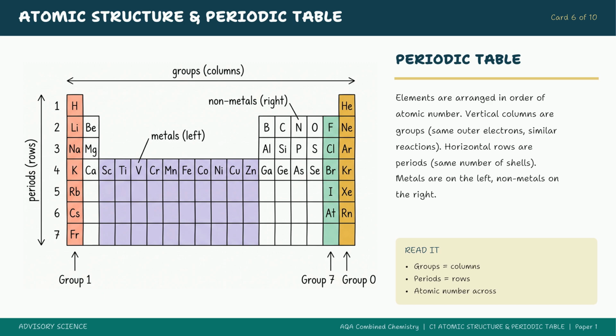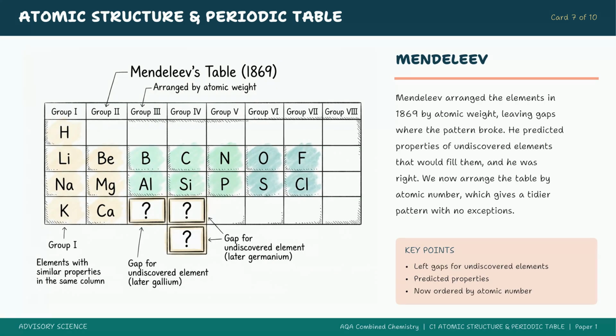Mendeleev. Mendeleev arranged the elements in 1869 in order of atomic weight. But he did something clever. He left gaps where the pattern broke, predicting that undiscovered elements would fill them later. He was right. We now arrange the table by atomic number, not by atomic weight, because that gives a tidier pattern with no exceptions.